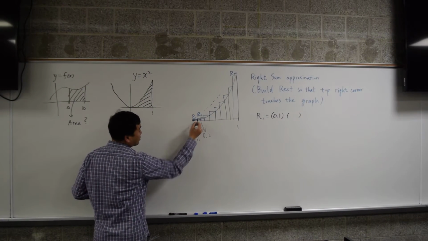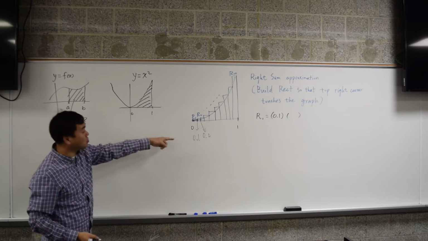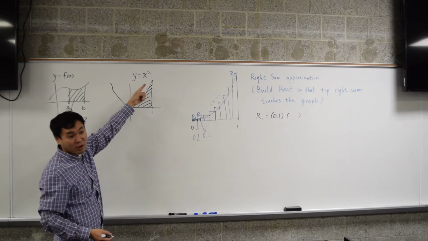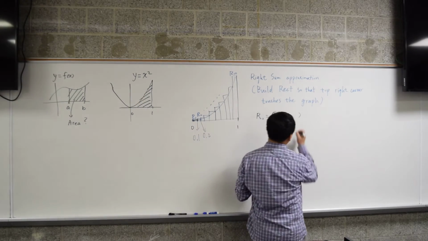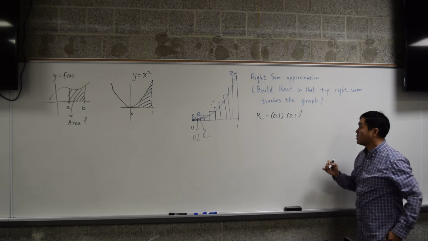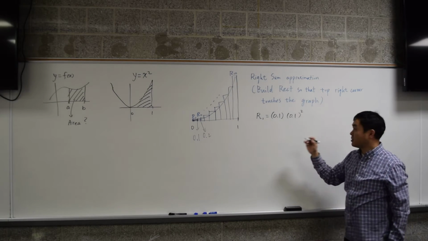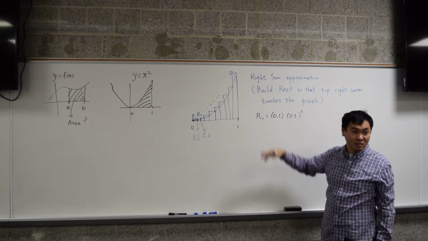How do you get the y value when you know the x value? Plug it into the original function, right? So if you plug 0.1 into the original function, 0.1 squared, you're going to get 0.01. Let's just write 0.1 squared for now. That's some value. And actually, it's better to just leave it like this and then add them up later.